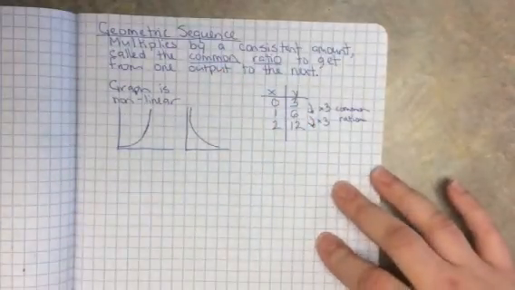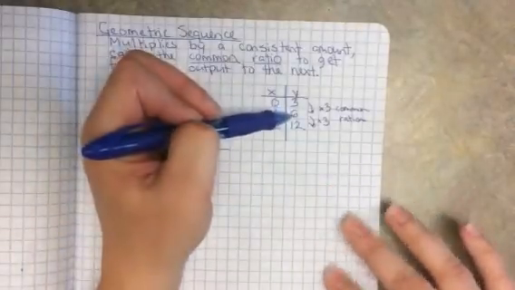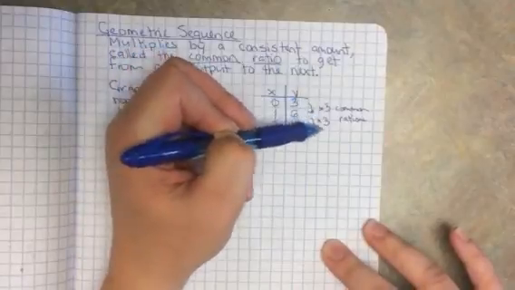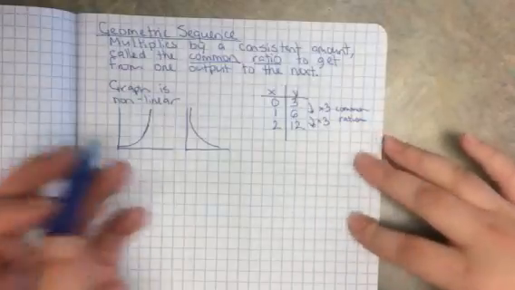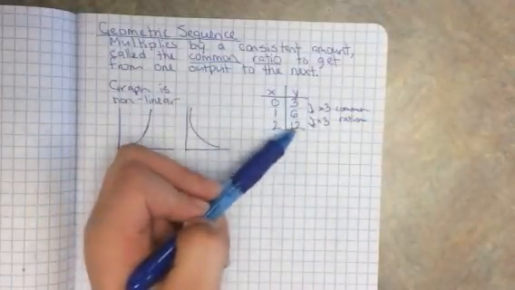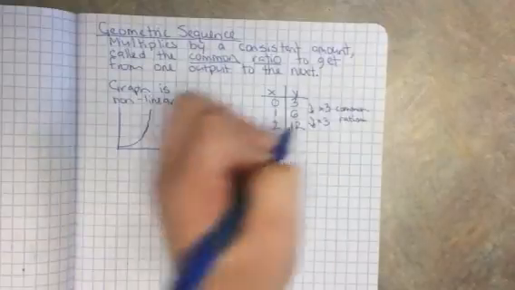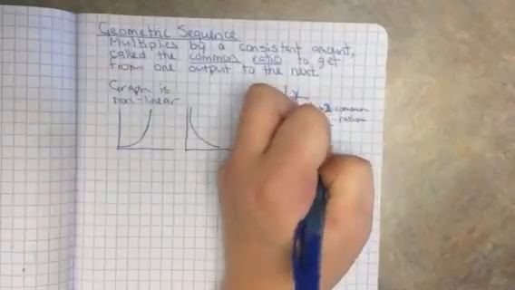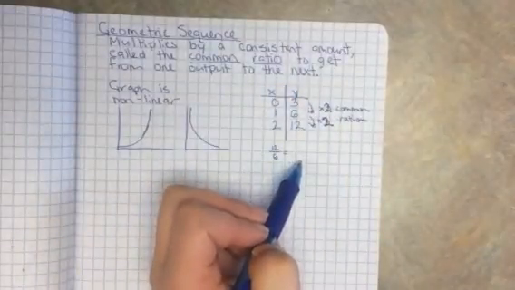In our arithmetic sequences, we said it was called a common difference because you could actually go backwards and subtract to figure out what that number is. This is kind of the same idea. It's called a common ratio because if I were to divide these numbers, what's 12 divided by 6?